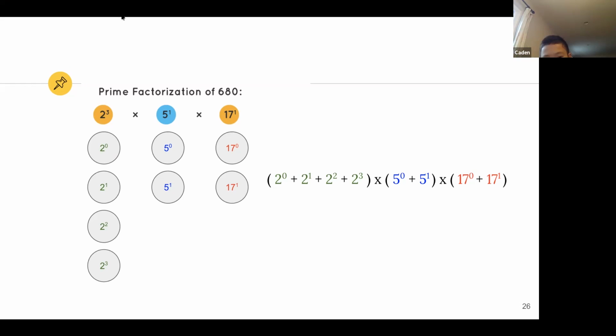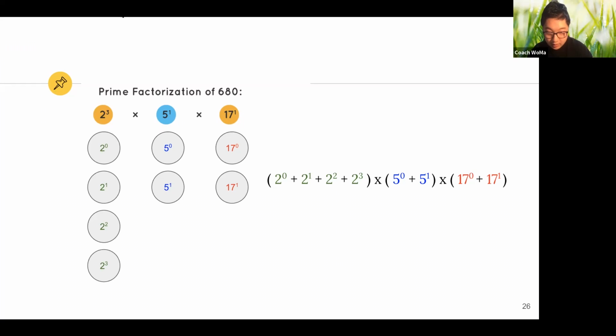So that would be 2 to the 4th. And then you subtract 1. And then you divide all of that by the number minus 1, so that would be 2 minus 1. And then you do this for each of the prime factors, and then you multiply all of them together, and then that should give you the sum.